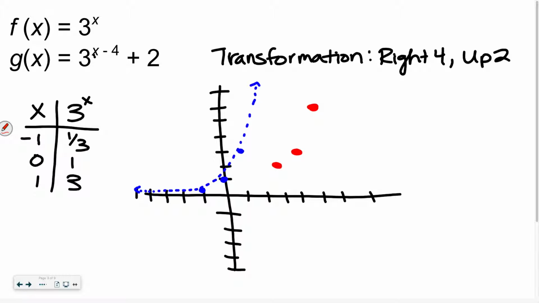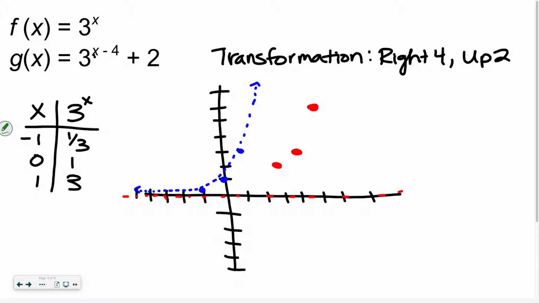What else moves besides my points? What line? The asymptote. The asymptote on my original graph is here on the x-axis. What transformation will really affect my asymptote? Left or right, or up and down?